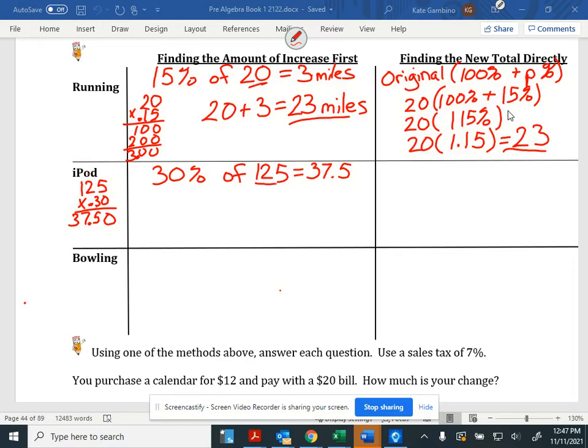If it started at 125 and we want an increase of 37.50, what do I have to do, Ethan? Yeah, well, I need to add my two prices together. And because it's money, I'm going to put that 0 on there, so it goes to the hundredths place. And I get $162.50.